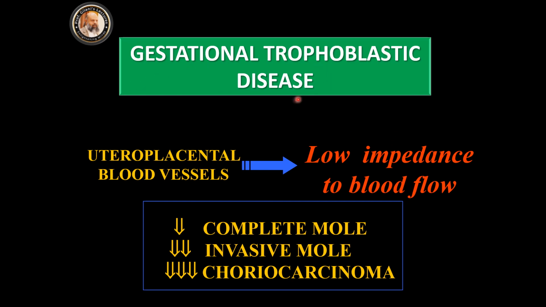The joining of sperm and egg is called conception. So in uteroplacental blood vessels we will have low impedance. Impedance is the resistance to blood flow. We can have complete mole, we can have invasive mole and choriocarcinoma.